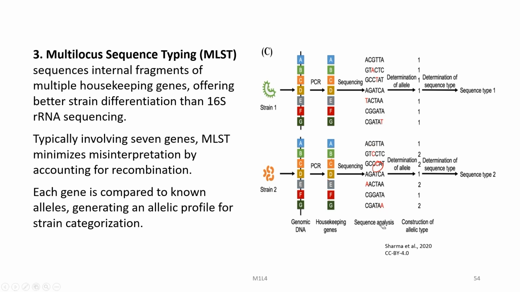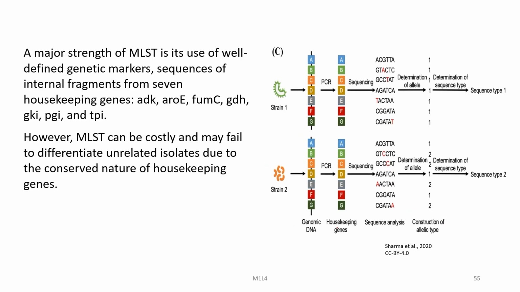So, this helps us in determination of the allele and thereby the sequence type, which may be categorized in this case as sequence type 1 and sequence type 2. So, these steps is the construction of the allelic type.